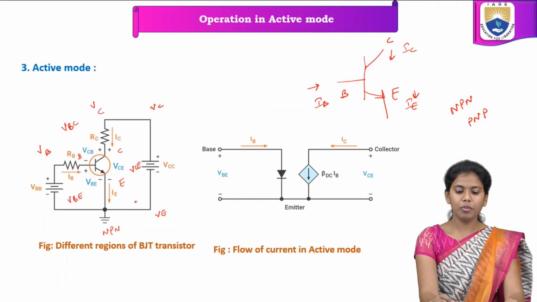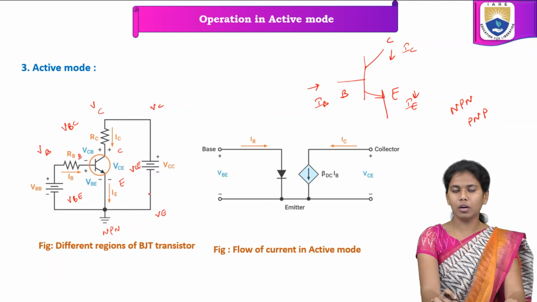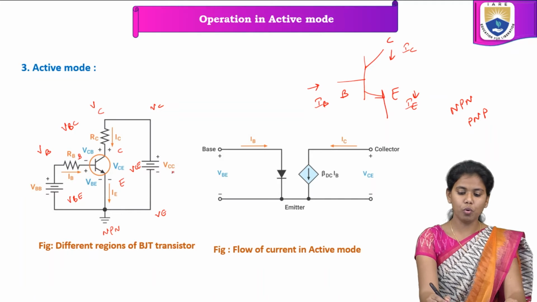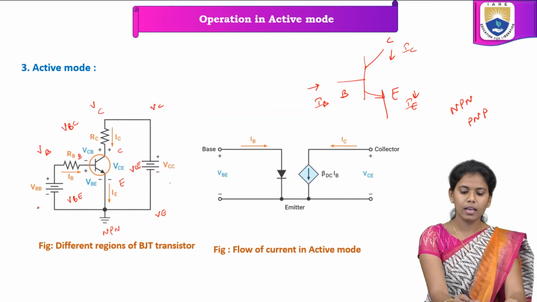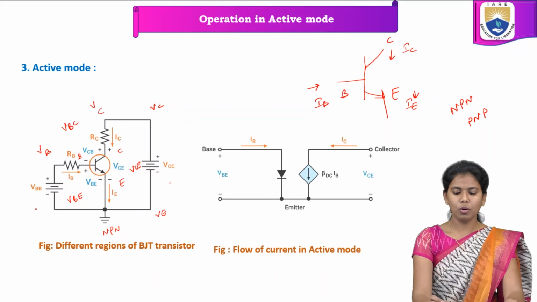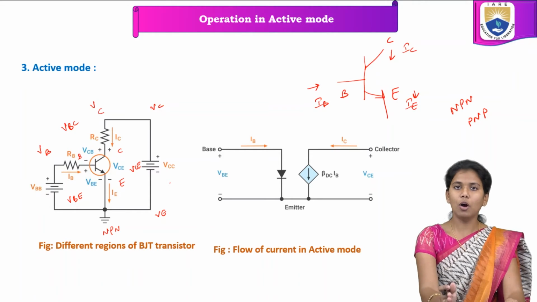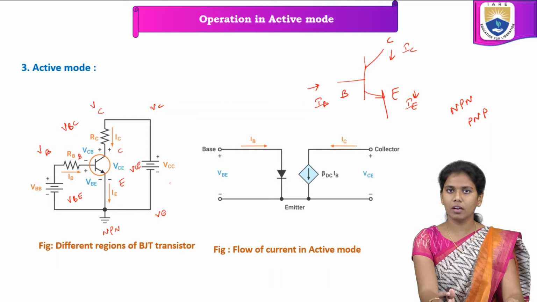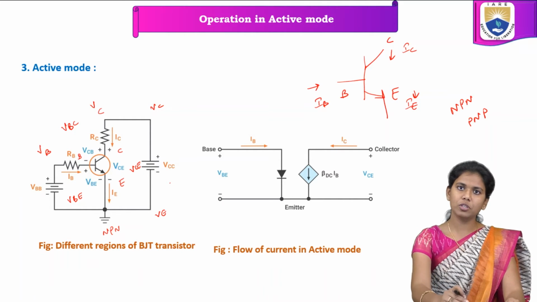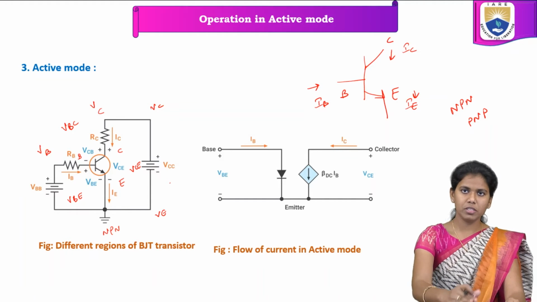And then we have the two voltage sources, VCC and VBB. So these are the different regions of the BJT transistor. This is how we can indicate the currents and the voltages with respect to the three terminals in the BJT transistor.